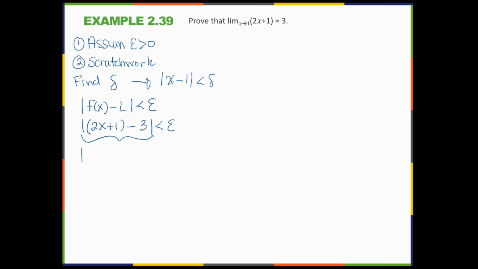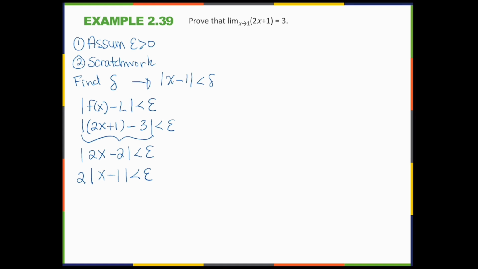Okay, so when I clean this up, I'm going to get |2x + 1 - 3|. If I combine the 1 minus 3, that gives me |2x - 2| less than epsilon. And then I can factor out a 2, and that's where I get the x minus 1 from. Because the 2 is positive, it can just come outside the absolute values.